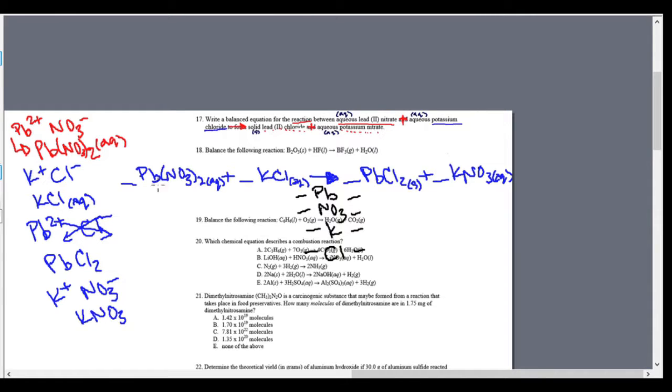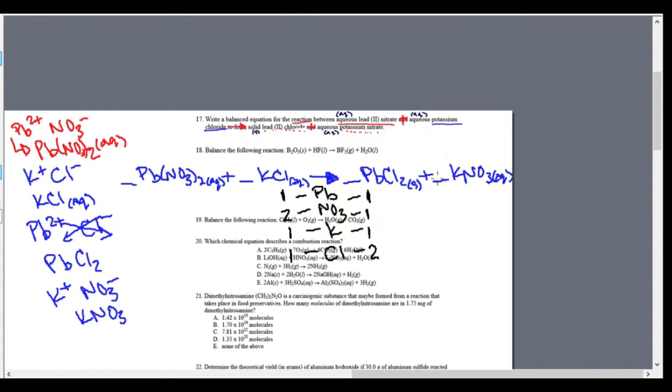So on this side of the reaction, we have 1 lead, 2 nitrate, 1 potassium, 1 chloride. On this side, we have 1 lead, 2 chloride, 1 potassium, 1 nitrate. So to balance these, I would do this. I would go ahead and see, what do we need to do first?